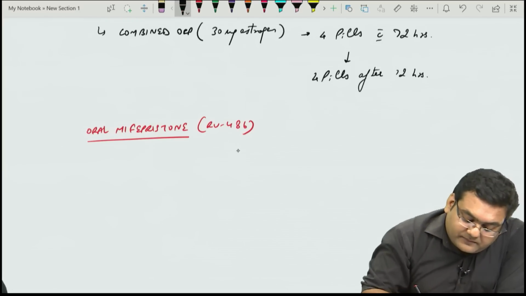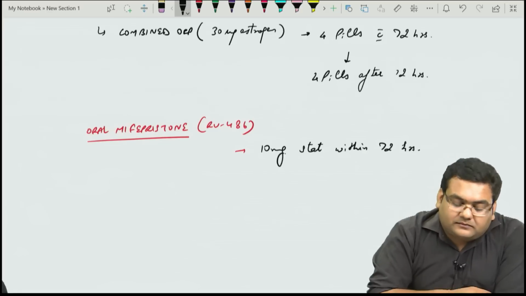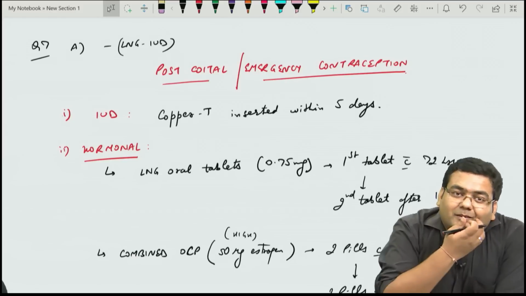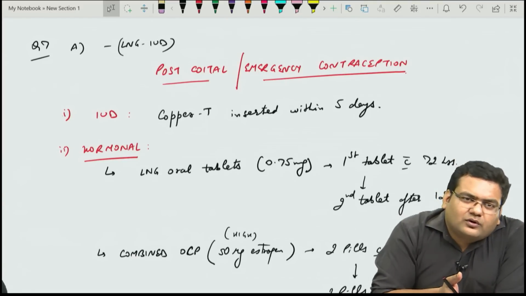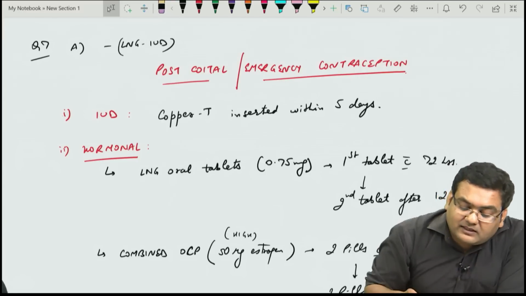The dose is 10 milligrams stat within 72 hours. Friends, it's an important question which we need to remember, because again and again in 2 or 3 forms they'll ask you the dose, or they'll ask you among all these which of the following is an emergency contraception, or all except, and they'll give you all options. So you need to remember this in detail.